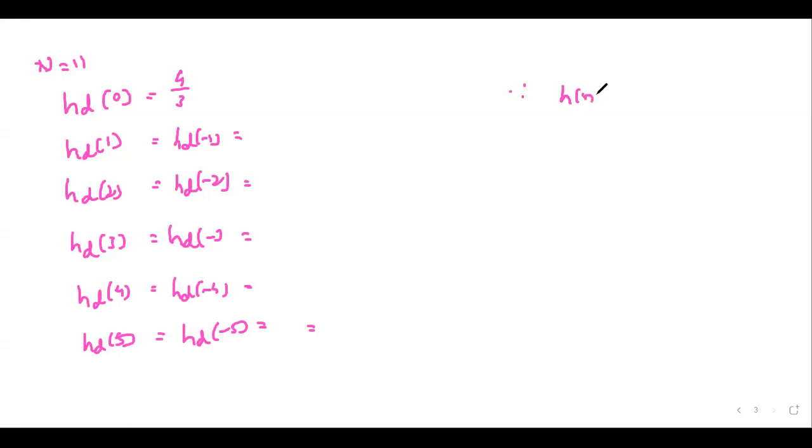Since h of n is equal to hd of n for the range of minus 5 less than or equal to n less than or equal to 5, these hd values can be denoted as h of n values.